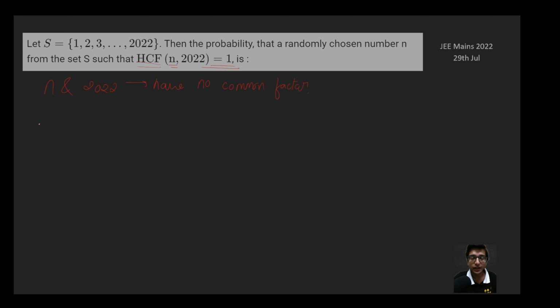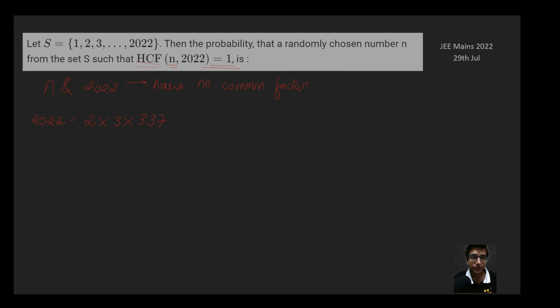So first let us find out what are the factors of 2022. 2022 can be written as 2 into 3 into 337. So these are basically the factors of 2022.